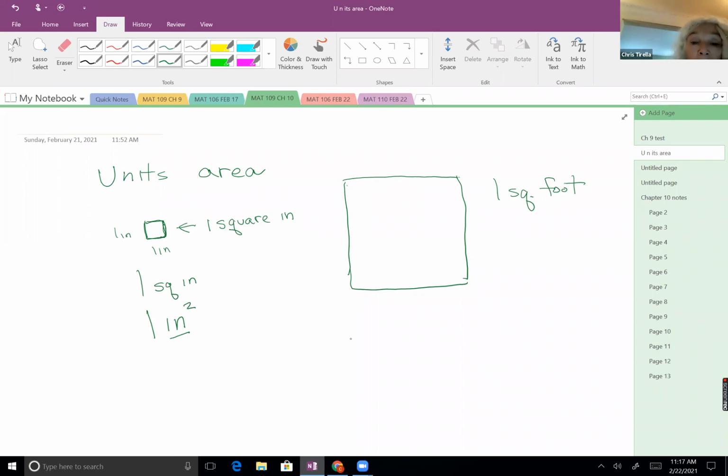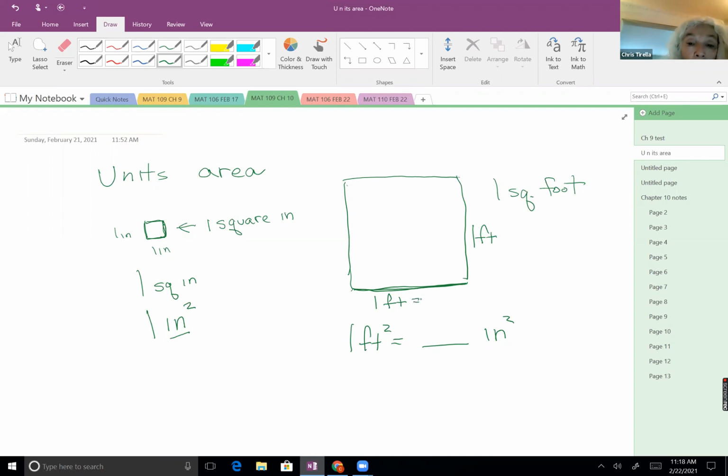And so if I have 1 square foot, I want you folks to help me figure out 1 square foot is how many square inches? Any ideas? If this is 1 square foot, this would be 1 foot on this side, 1 foot on this side, and the area would be length times width.